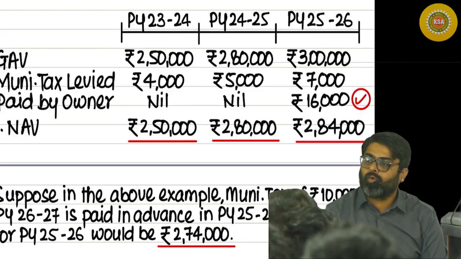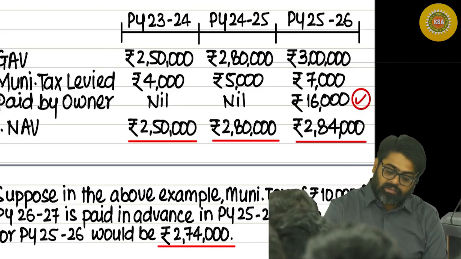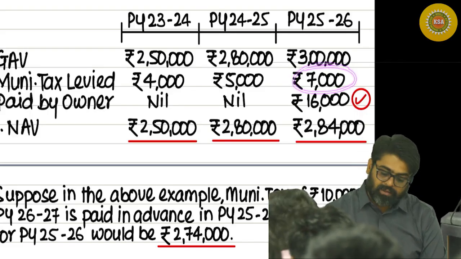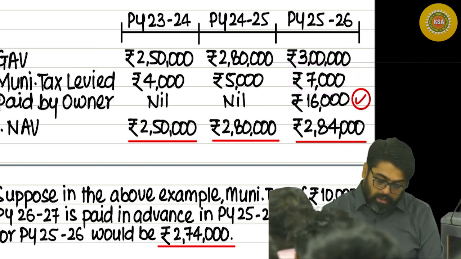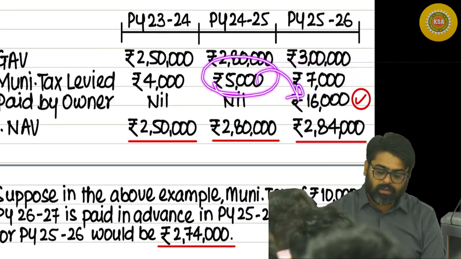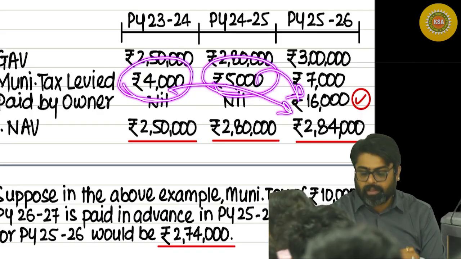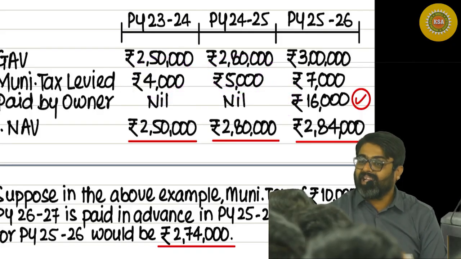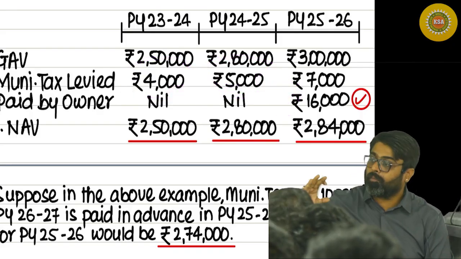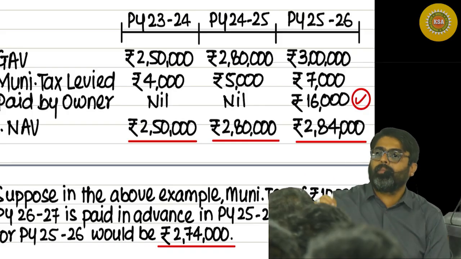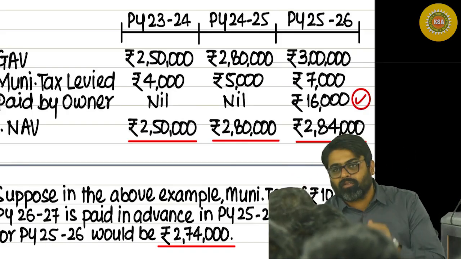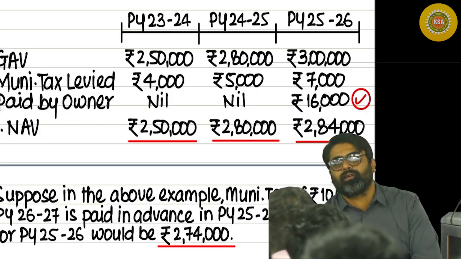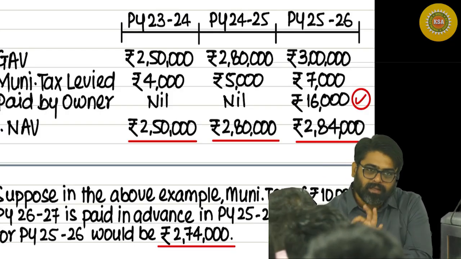But did you pay that 4,000 and 5,000? No. This year, 7,000 was levied. This 7,000 is also paid in this year. And 5,000 is also paid in this year. And this 4,000 is also paid in this year. So the entire municipal tax which you have paid in this year will be allowed as a deduction in this year. Yes or no? Even if it does not relate to this year, still it will be allowed as a deduction in this year.